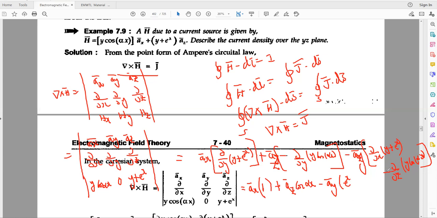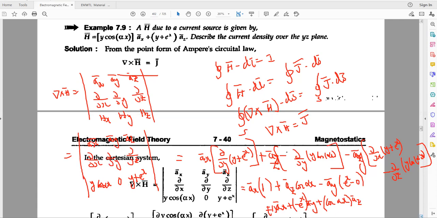With respect to z there is no z term, so 0. That is equal to AX bar minus e power x into AY bar plus cos alpha x into AZ bar. So the AZ bar coefficient is cos alpha x, the AY bar coefficient is minus e power x, and the AX bar coefficient is 1.